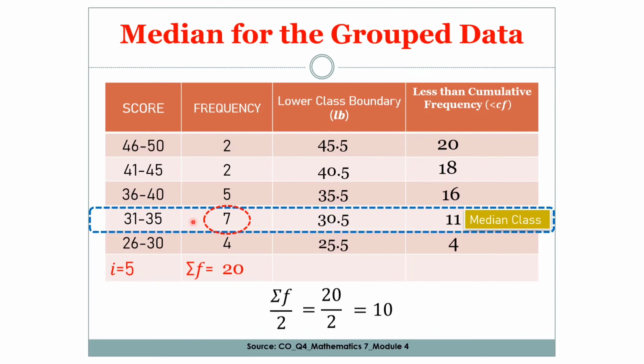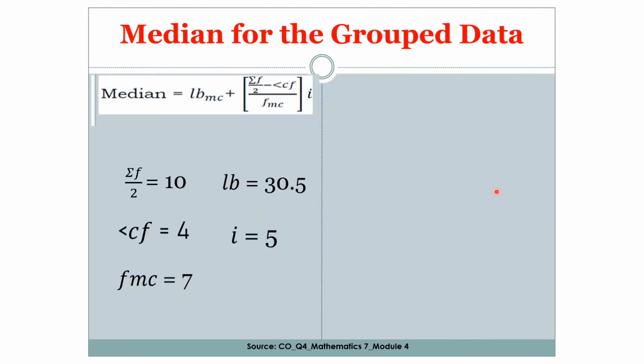Next is the lower boundary of the median class. That is equal to 30.5. And for the less than cumulative frequency, we are going to go to the lower class next to the median class, and that is equal to 4. Now let us proceed in calculating the median using the formula.